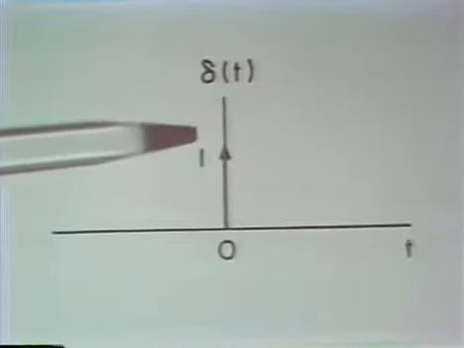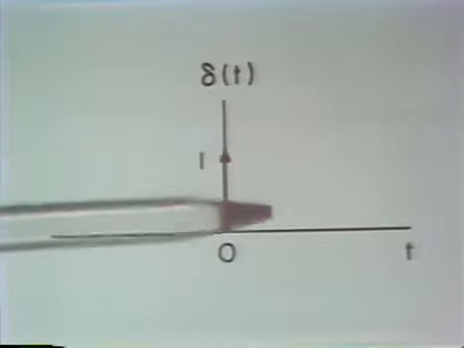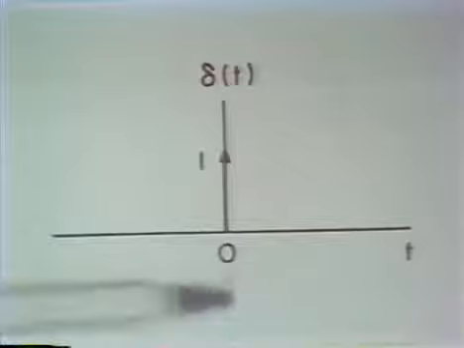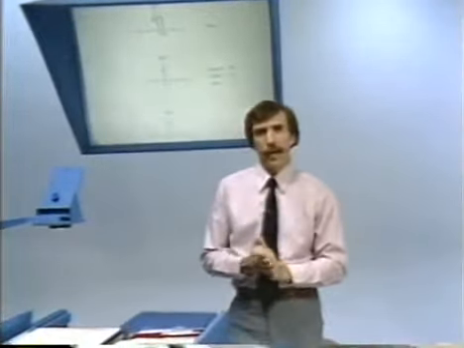And in this case, since we took the derivative of a unit step, the height is equal to 1. So the impulse has 0 width, infinite height, area 1. It's mathematically not terribly comfortable because what we've done is taken the derivative of a unit step, which has a discontinuity at the origin, and there are some mathematical difficulties with doing that.